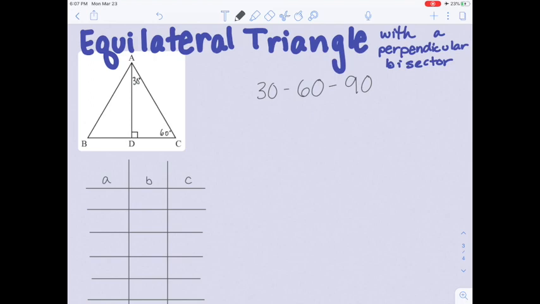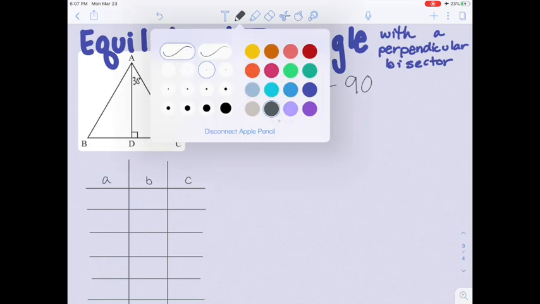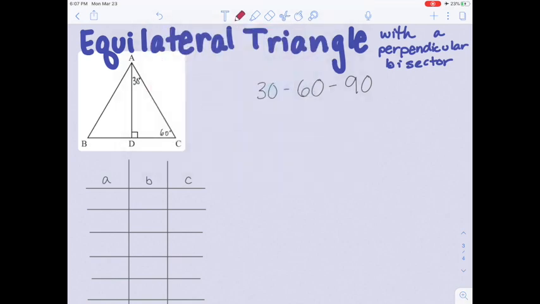So what we're going to start with is, if I know how long line segment AC is, let's say AC is 6, the length of it is 6. How long is line segment DC?